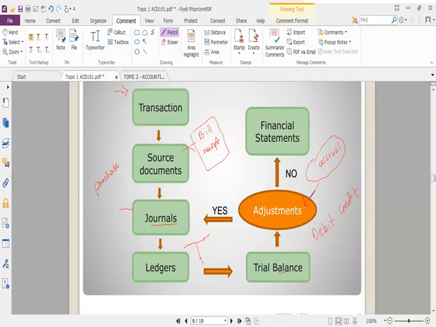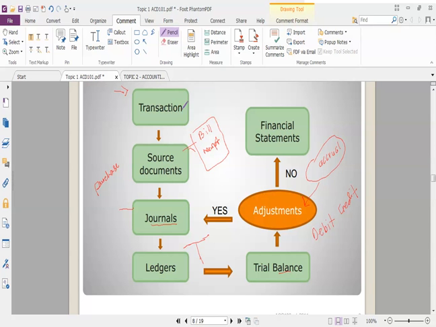That is an example of adjustment. We will discuss adjustment in chapter 8, so just hold on.